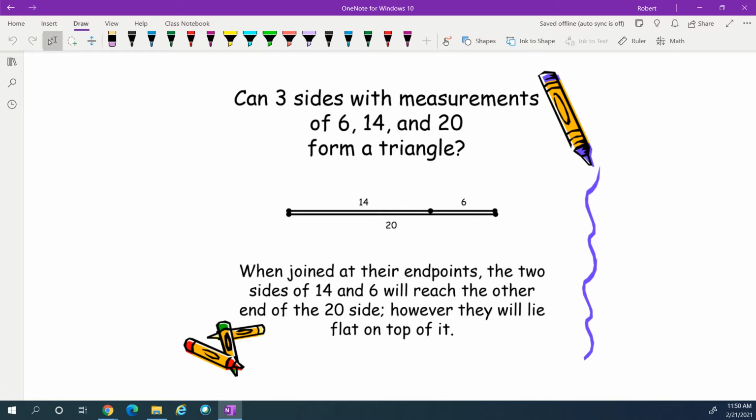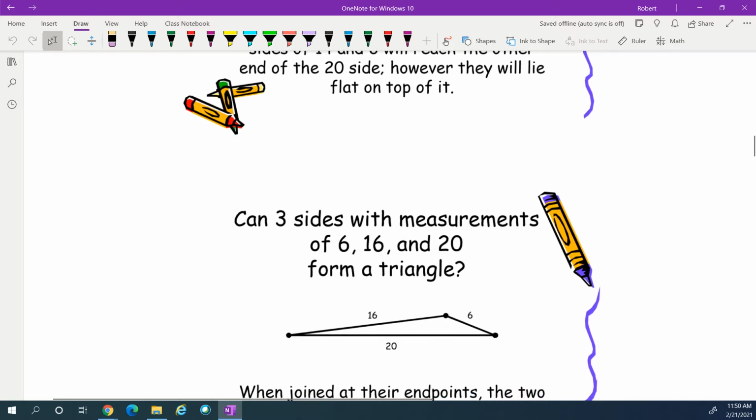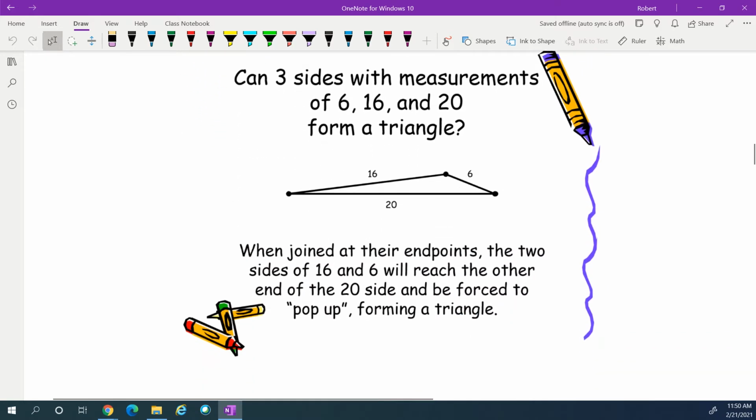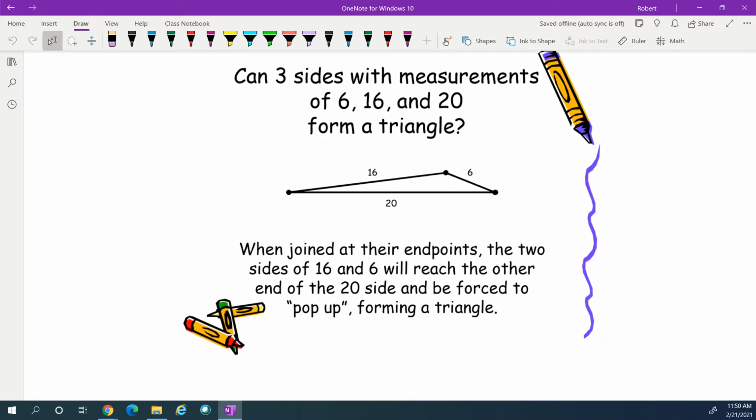So it will reach the other end, but it's just going to lay flat, exactly 20. The problem is that it's still not a triangle. It's just two small segments laying on top of a bigger segment. Even though it reaches the other end in this case, it doesn't form a triangle. But if we used 16, 6, and 20, that would form a triangle.